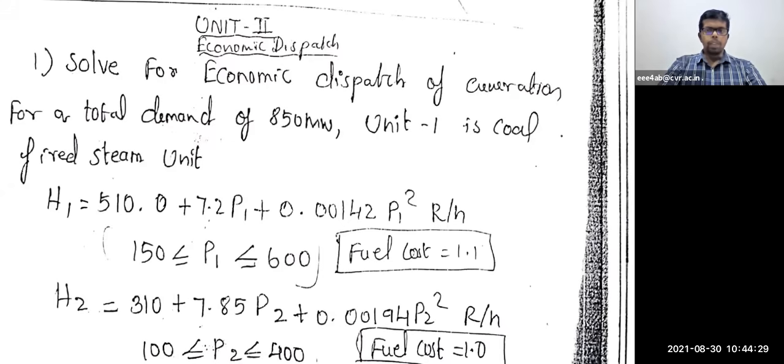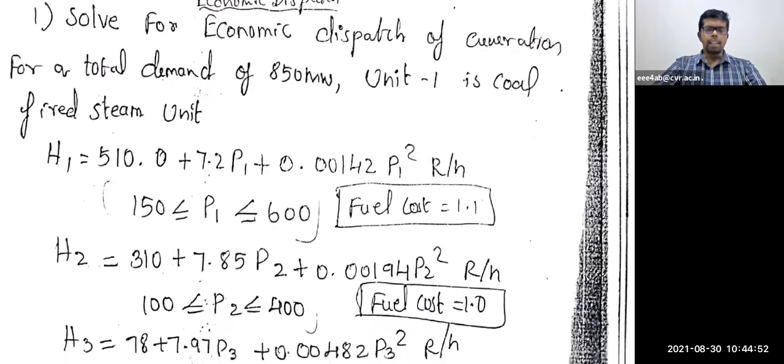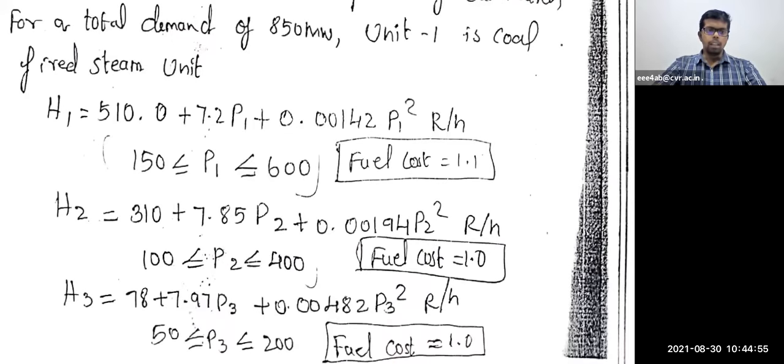Solve for economic load dispatch of generation for a total demand of 850 megawatt. Unit 1 is a coal-fired steam generating unit, and the heat rate characteristics of 3 generating units are given.